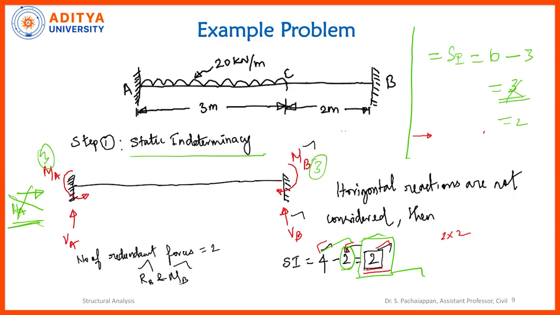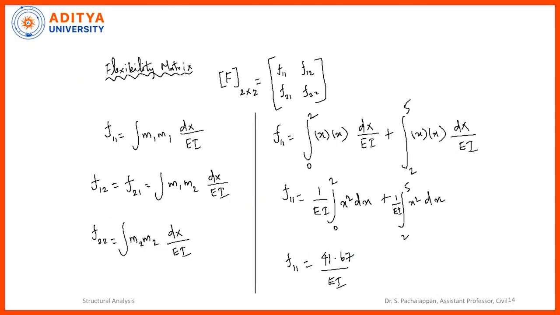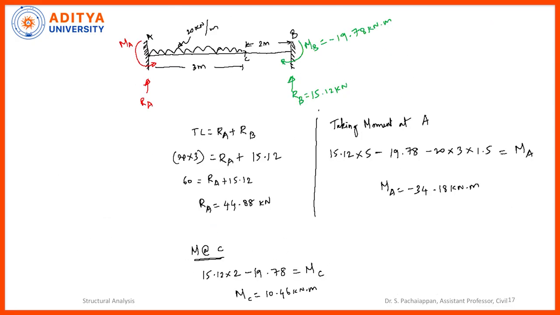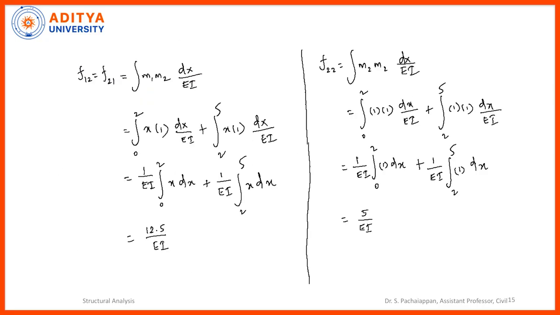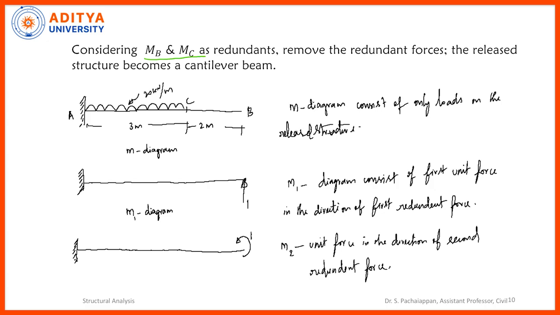So here you can see it, we are considering MB and RB as the redundant forces.